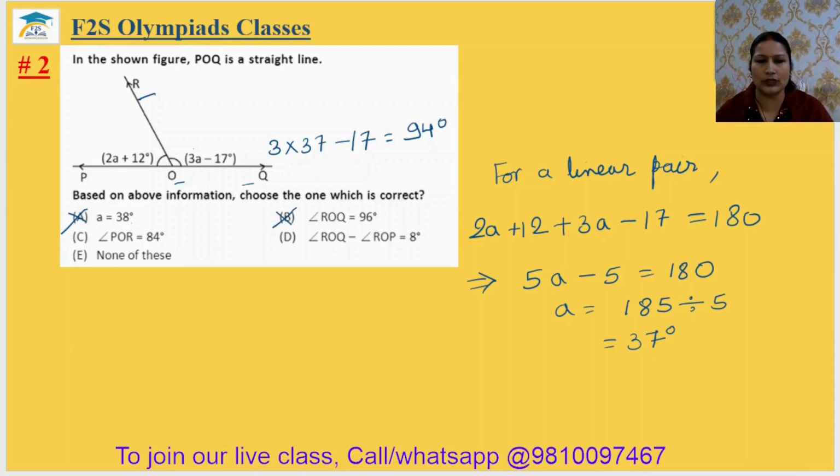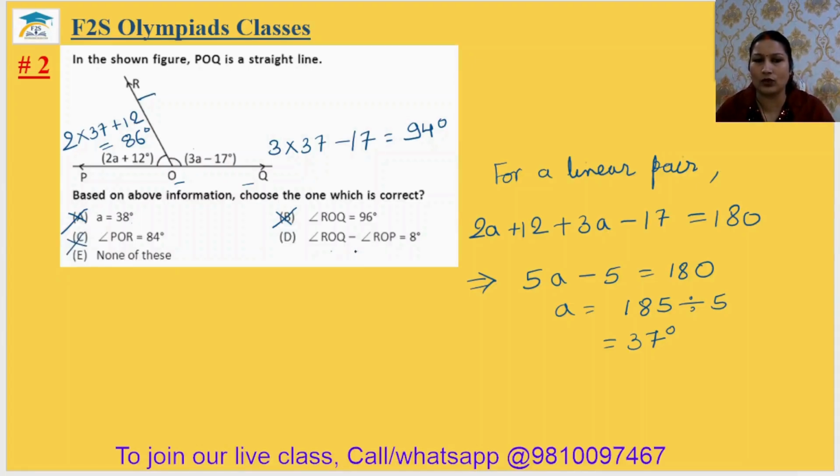Come to option C. Option C is angle POR equal to 84 degree. So let's check it. The angle is 2A, 2 multiplied by 37 plus 12. When you simplify it, you will get 86 degree. It is written 84 degree, so it is also rejected.